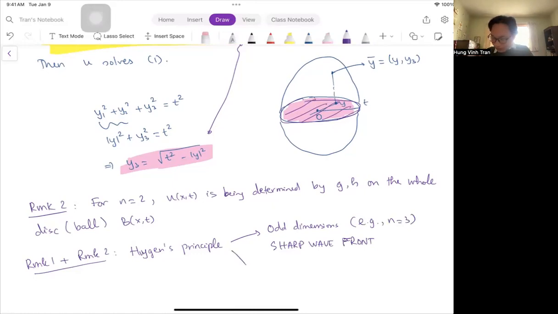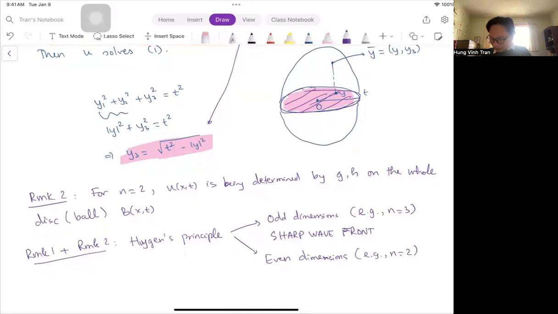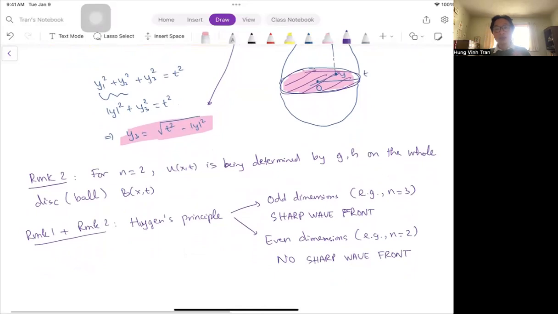But for even dimensions, for example n equals 2, we don't have a sharp wavefront, meaning that the value of u(x,t) is determined by the whole initial data on the whole ball.